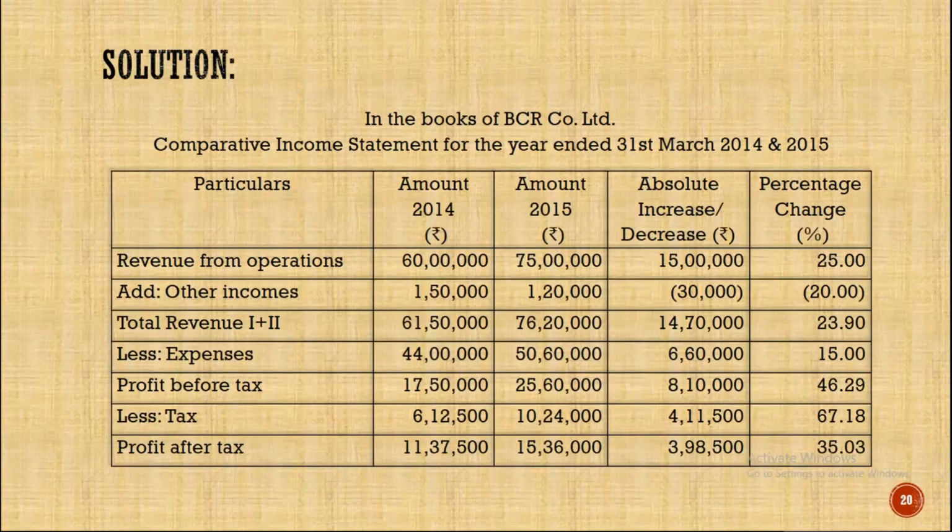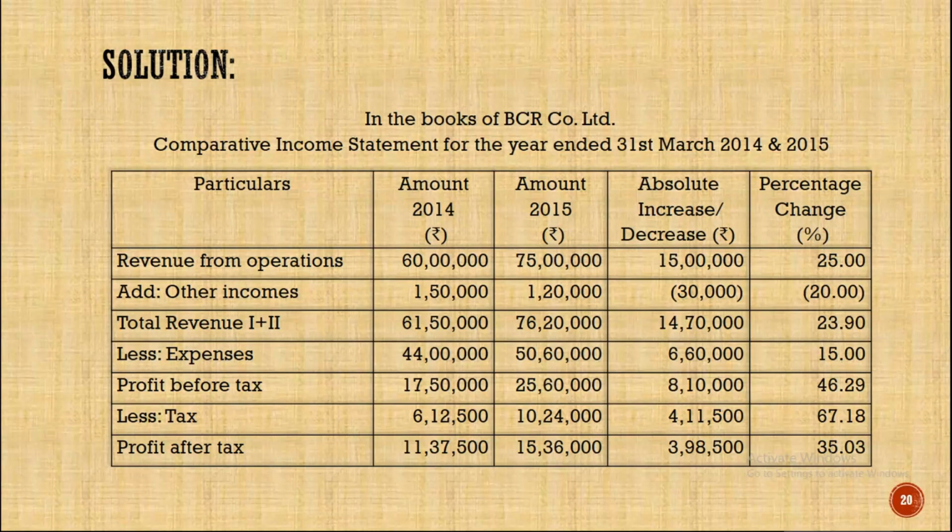So this is the solution. Here we need to write again on the top the company's name in whose books you are writing this statement. So in the books of BCR Company Limited, comparative income statement for the year ended 31st March 2014 and 2015.